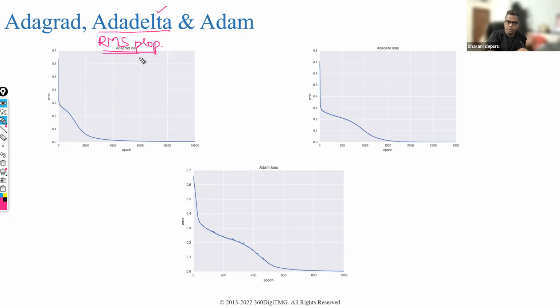RMS prop stands for root mean squared propagated. Now, what happens here is something very interesting. So let's understand. Now we are talking about ADA delta or RMS prop.